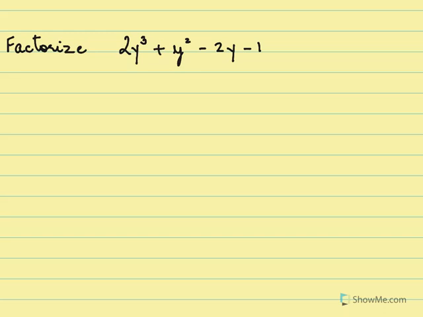Factorize 2y cube minus y square minus 2y. So the zeros could be, since this is 1 here, the zeros could be plus or minus 1. So the factors could be y plus 1 or it could be y minus 1.